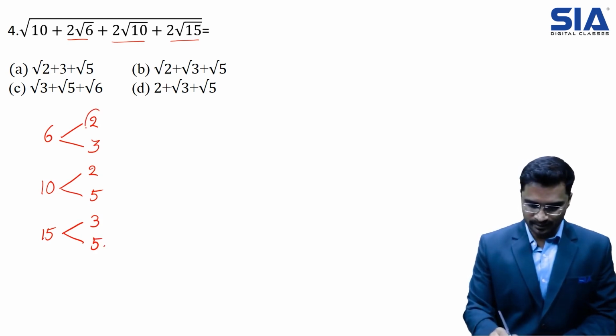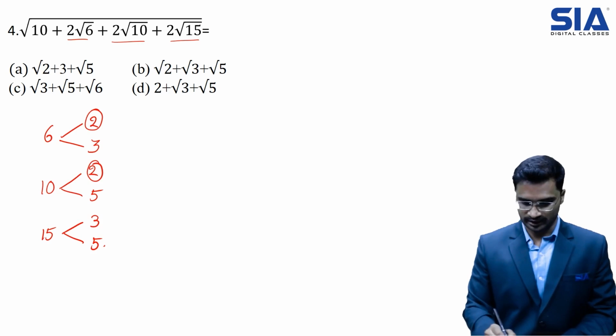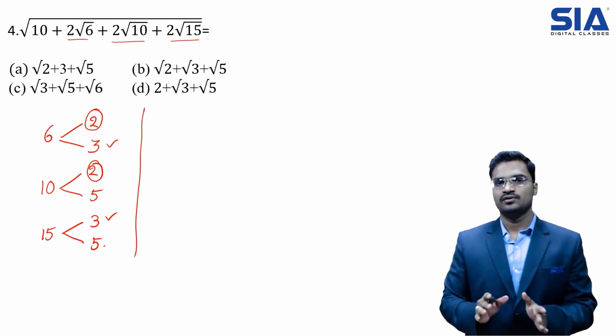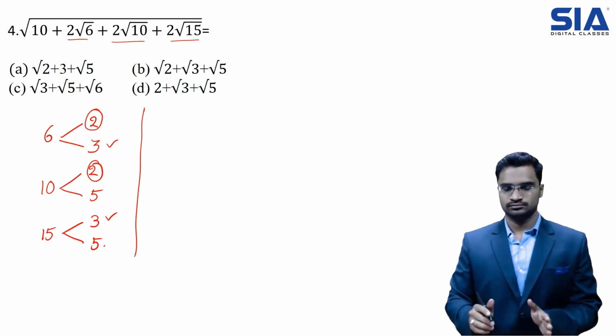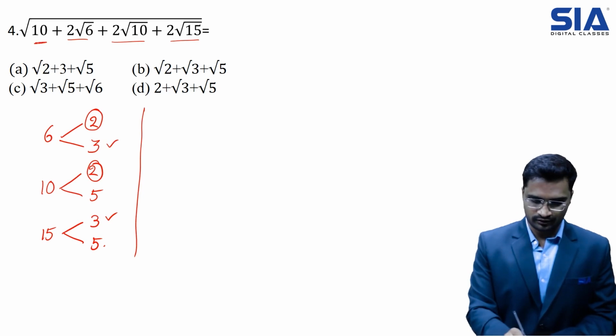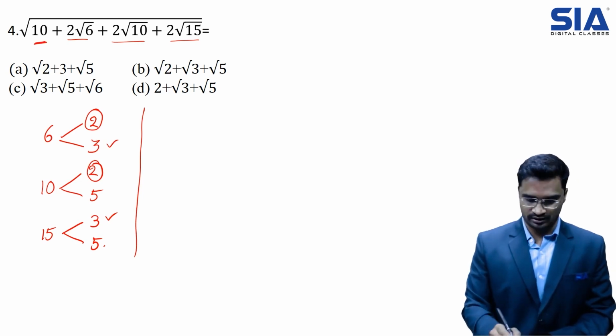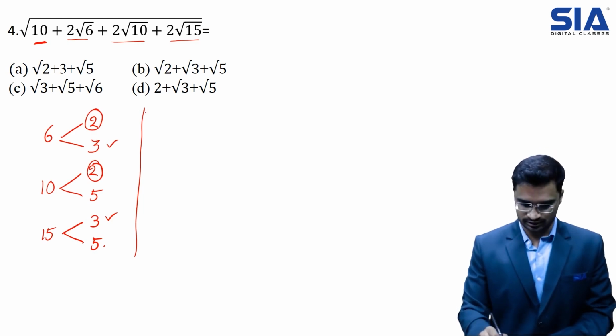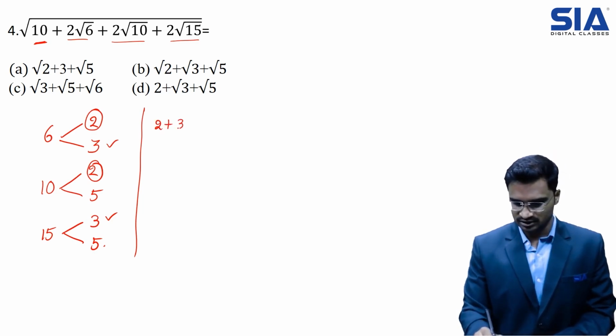Now here I am getting 2 two times, 3 two times and 5 two times. What I have to do is check if 2 plus 3 plus 5 is 10 or not. If I am getting a value of 10 after adding these numbers, then my answer is correct. So 2 plus 3 plus 5 is 10.